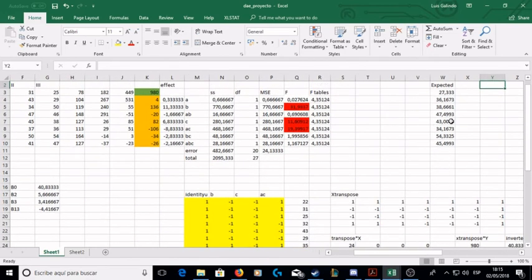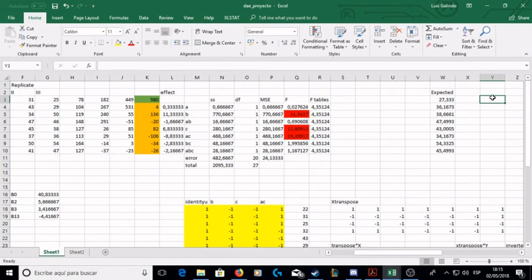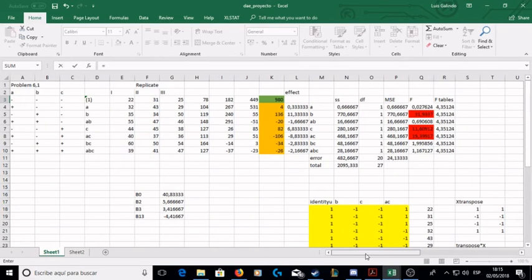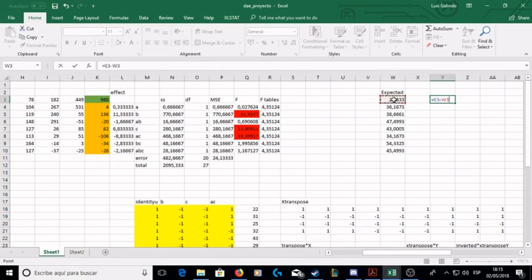Now that gives us some expected values, and with that we can make a residual table. So our residual table would be this one minus this one, and I am going to anchor this one because if not, it's going to move.